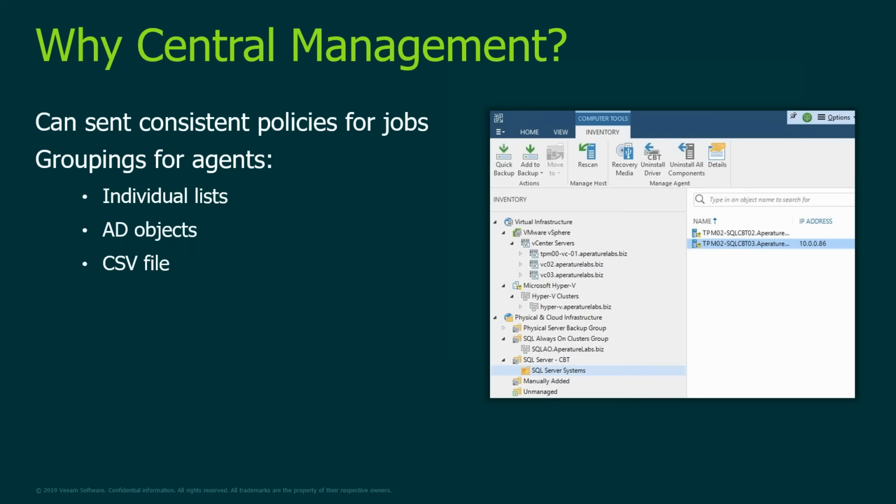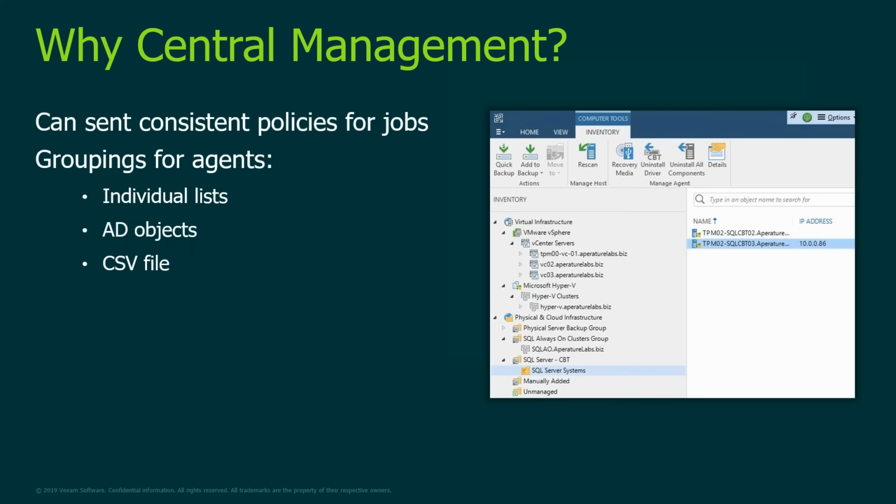You'll see it says SQL Server Systems, and I have 2 SQL servers in this protection group. That's a list of my SQL servers because they are going to have a separate set of rules regarding their log truncation. They're going to have a separate backup schedule, etc. And then right above that, you'll see I have a SQL Always On cluster group. Well, guess what? The cluster has a different set of rules as well.